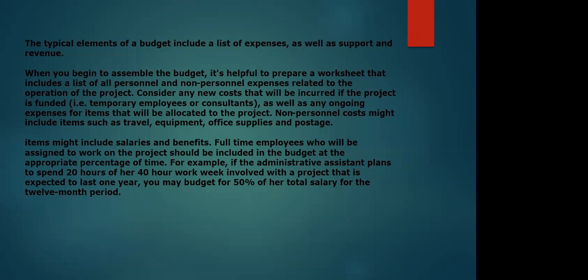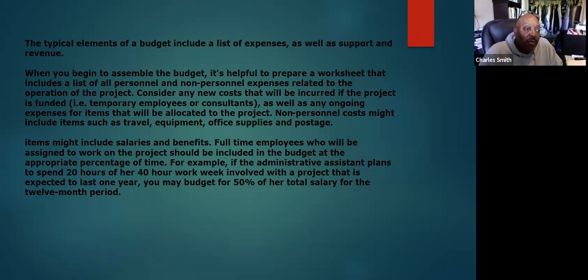Okay, do me a favor and read the first sentence and the first paragraph. The typical elements of a budget include a list of expenses, as well as support and revenue. When you begin to assemble the budget, it's helpful to prepare a worksheet that includes a list of all personnel and non-personnel expenses related to the operation of the project.